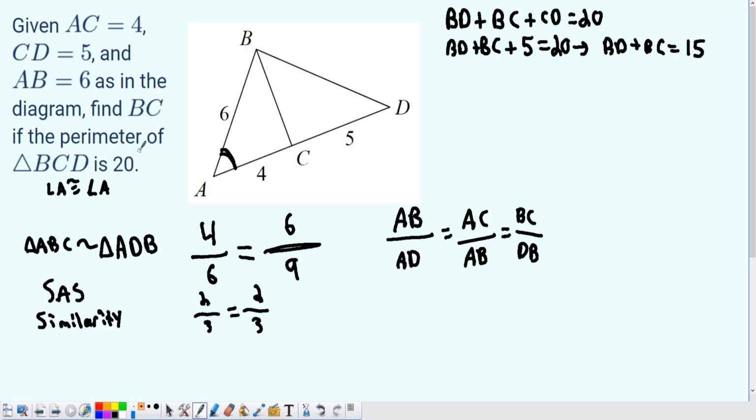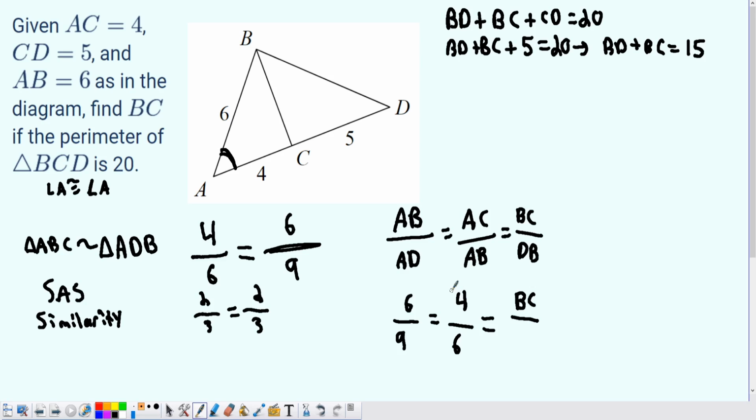Now, we want to find out what BC is. So let's try plugging in some values. AB is 6 and AD is 9. Well, we already know that. AC is 4, AB is 6, and BC, the thing we are trying to find, is our variable.